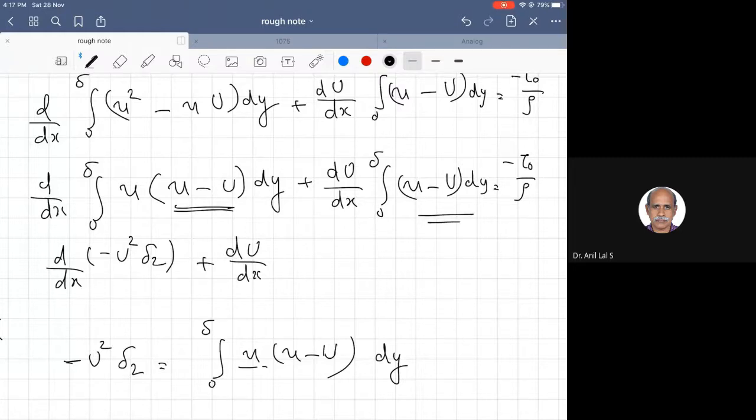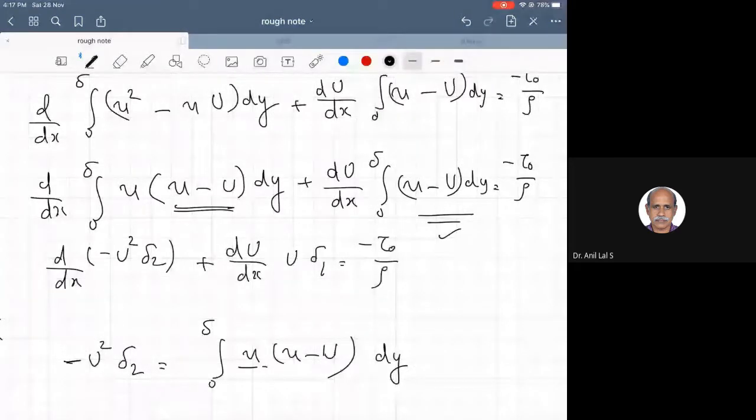If you look, it is the displacement thickness. This is actually the displacement thickness, into U, into displacement thickness delta 1, is equal to minus 1.